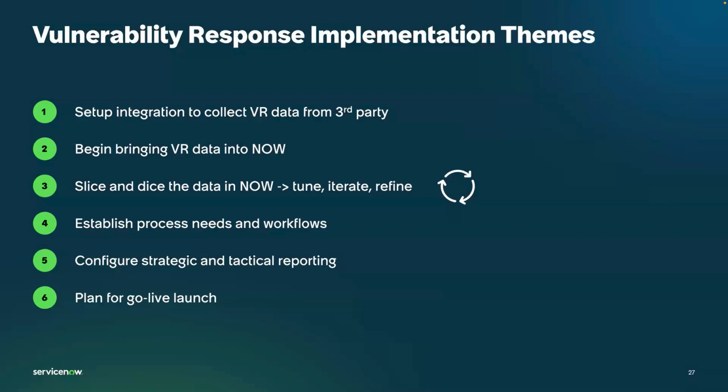The byproduct of that is you're going to start to get some process improvement. You're going to start seeing improvement in how you do vulnerability management, because there are things you can't do unless you have ServiceNow that you'll be able to take advantage of, like vulnerability grouping and automated assignment.